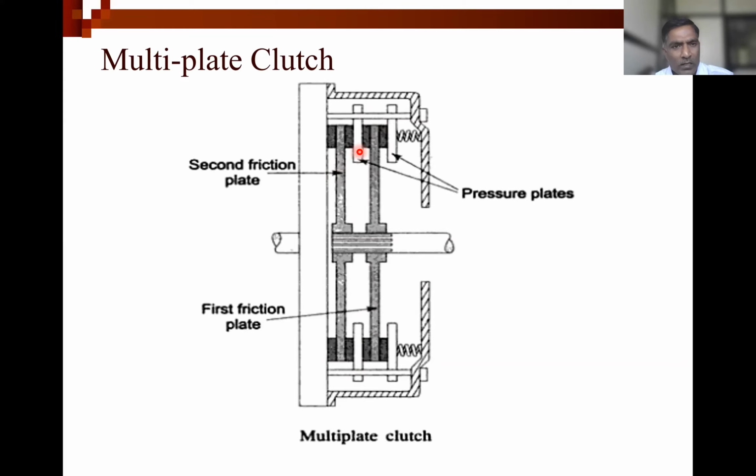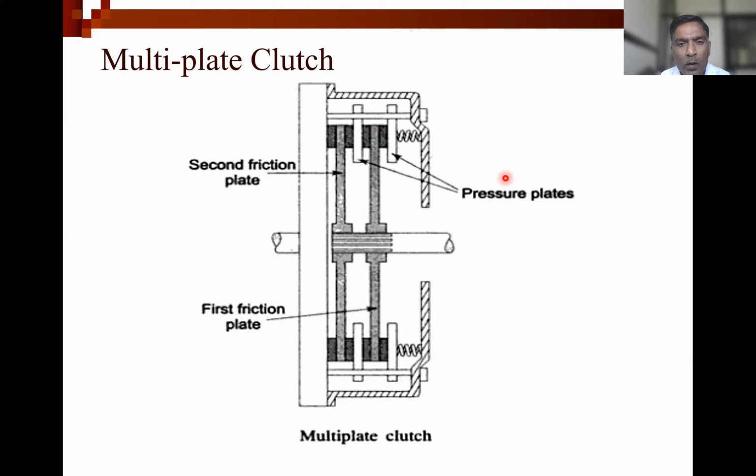So such a multi-plate clutch is used in bikes. You might have seen while doing maintenance of your bike. So such a multi-plate clutch is used to have maximum torque transmission.